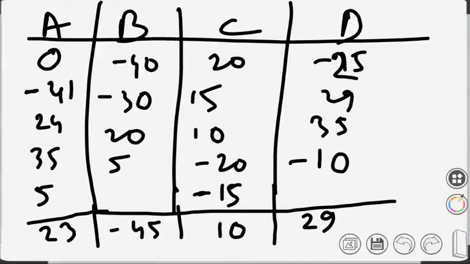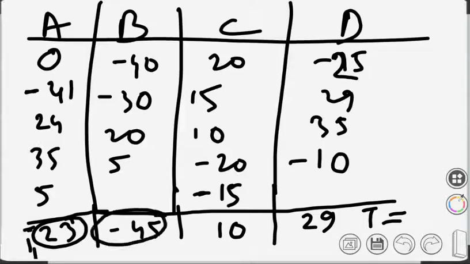And if you add all these four, this will give you T. Add these four values. What notation did I give? This is T1, 23 is T1, -45 is T2.